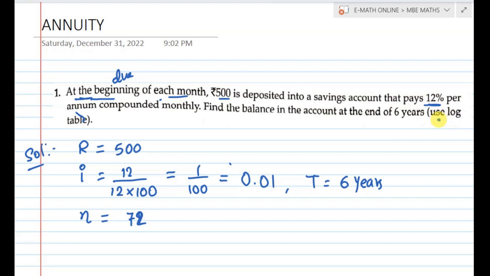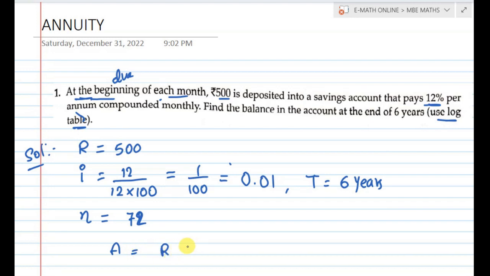So here we have to use log tables to solve this question. Now, what is the formula for A?